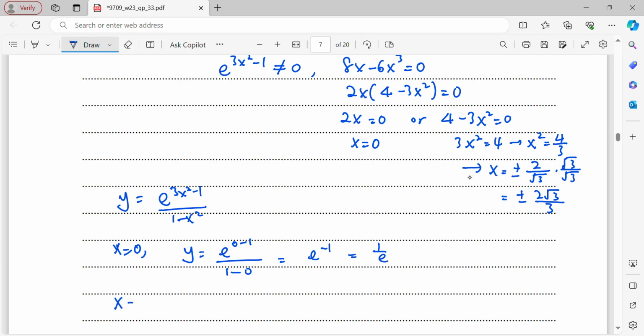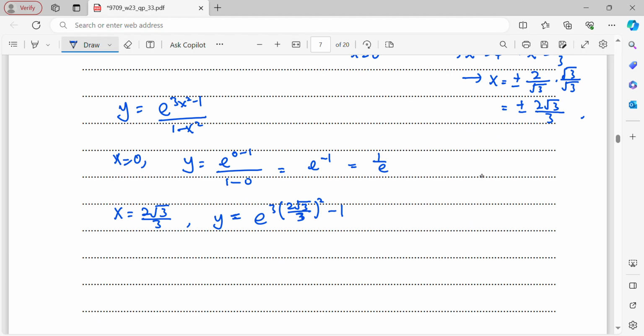Then now when x equals 2 square root 3 over 3, which is this value, then my y is going to be exponential 3 times (2 square root 3 over 3) squared minus 1, then divided by 1 minus (2 square root 3 over 3) squared.